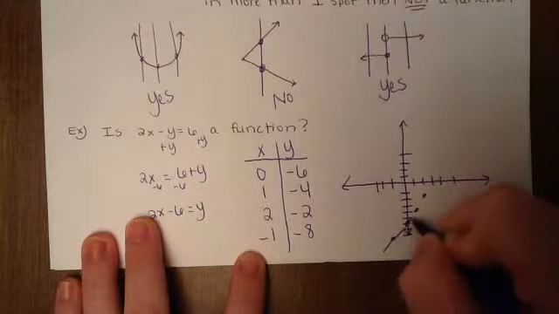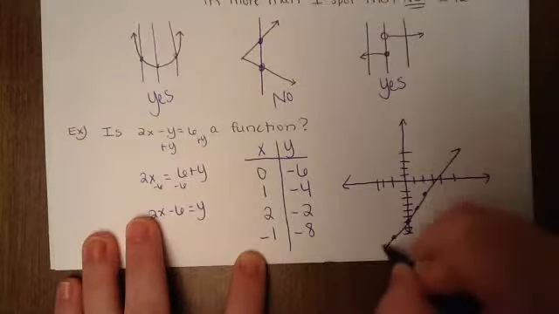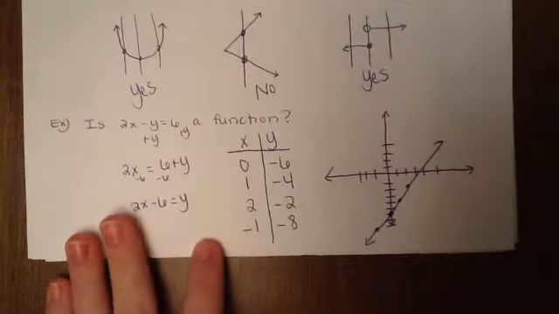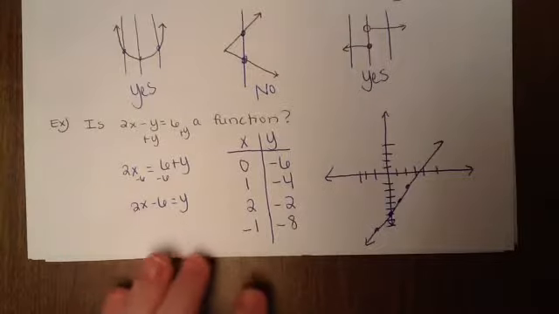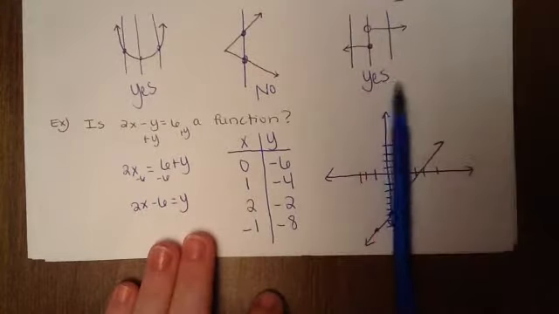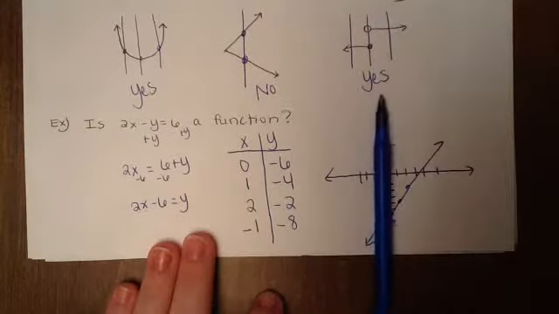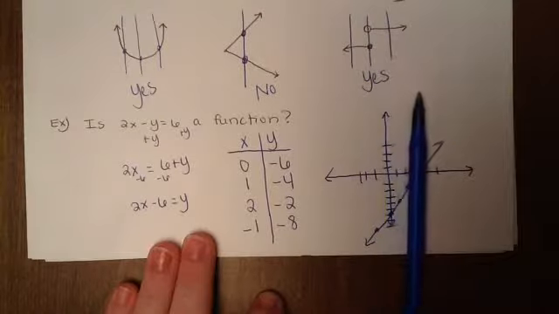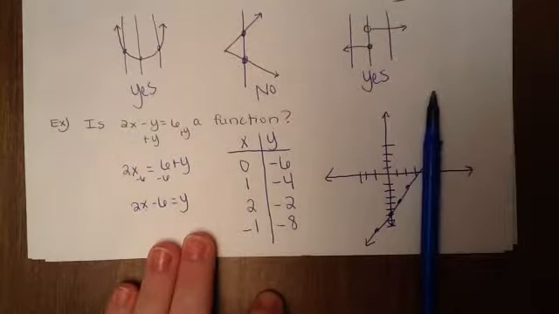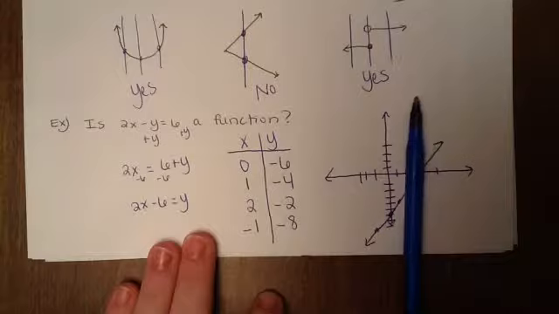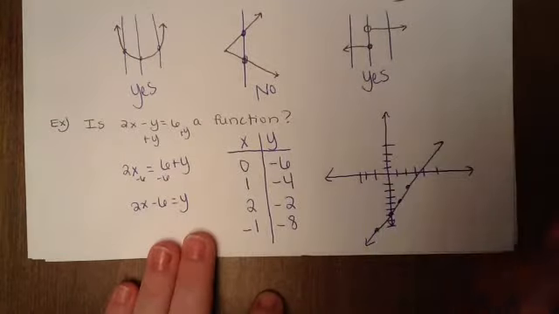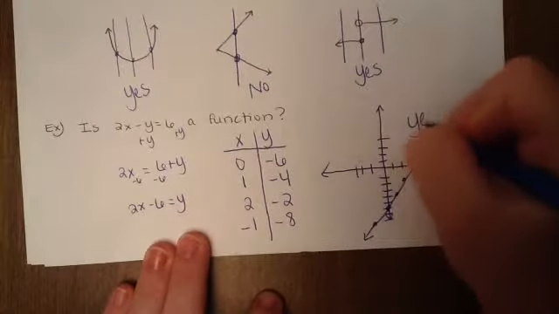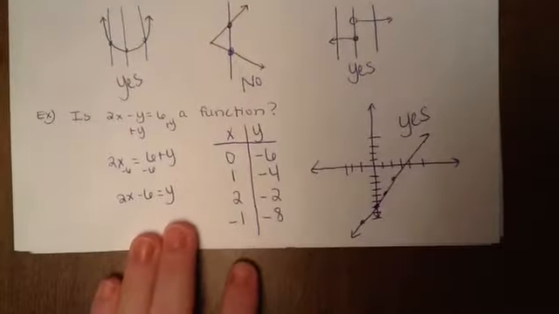So I can see what's happening with the graph here. And our question is, is this a function? So if I have a vertical line, and I'll use my pencil to be a vertical line, and I move it, does it hit twice anywhere? No, it's only going to hit once. So is this a function? Yes, this is a function. It passes that vertical line test.